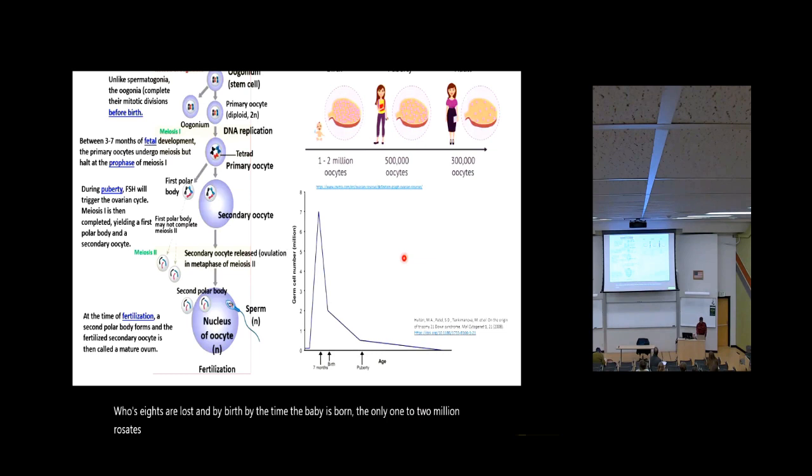And by puberty, the number of oocytes has continued to decrease, and you have around 50,000 oocytes, and in an adult around 300,000 oocytes. Eventually when all these oocytes die off, that's when menopause will set in.